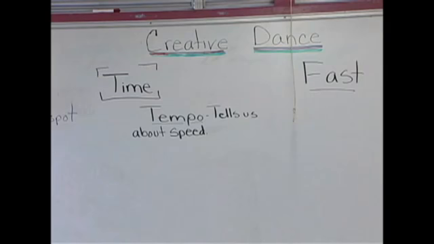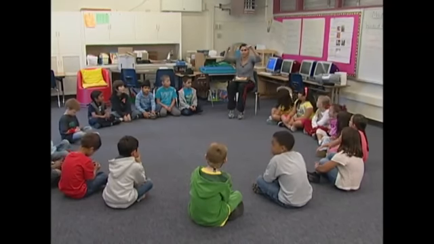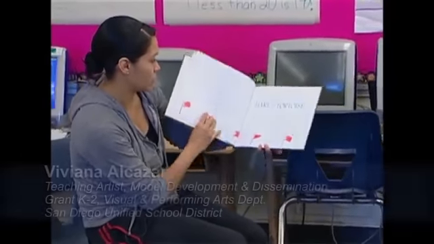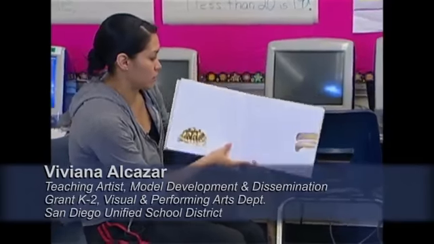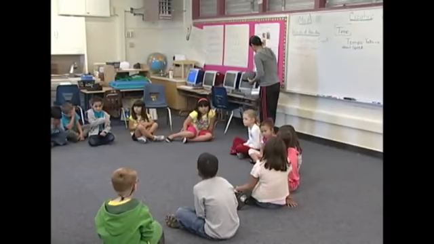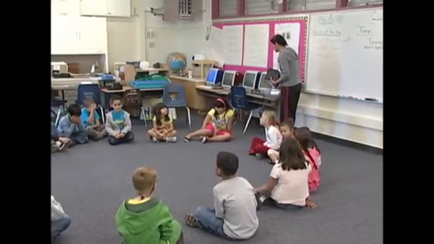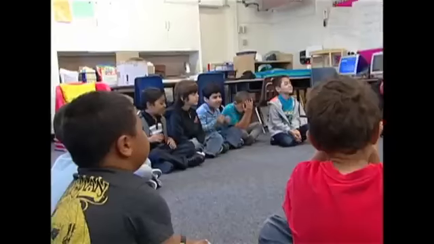Time and tempo. Tempo tells us how fast something moves. And it does say right next to it, it says fast and slow. So we're going to be talking about fast and slow tempo and how we can move our bodies really, really fast and really slow. Together, the organizations applied for and received a grant from the Department of Education to create special performing arts lessons connecting dance and drama to other content areas for students kindergarten through 2nd grade. To this song, it's going to go fast and slow, and then in a little bit, I'll let you dance to it.